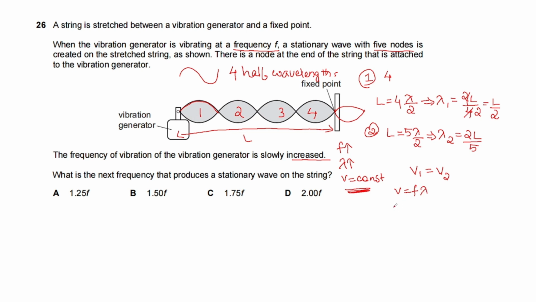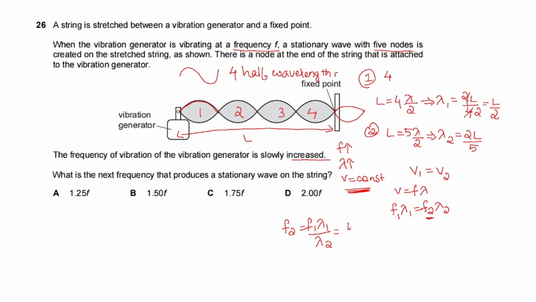So we can change it into F1 lambda 1 is equal to F2 lambda 2. What we need to find out is F2, right? So F2 would be equal to F1 lambda 1 divided by lambda 2. Here we can substitute for lambda 1 and lambda 2 and F1 as F.